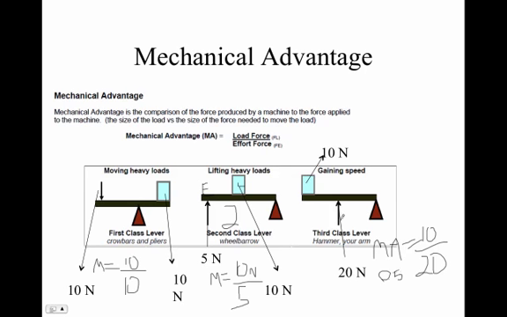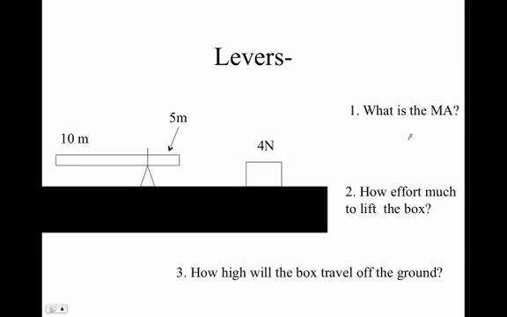We have to put in twice as much effort to lift the box, but we gain a speed advantage. All class 3 levers, believe it or not, have an MA of less than 1, which means for class 3 levers, we have to put in more effort than what we get out of it.